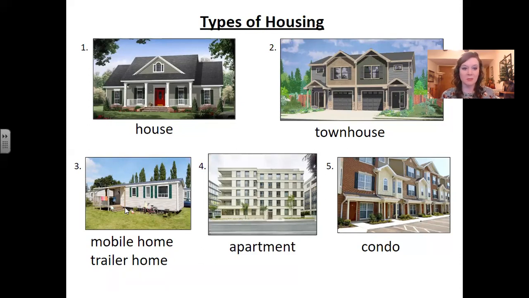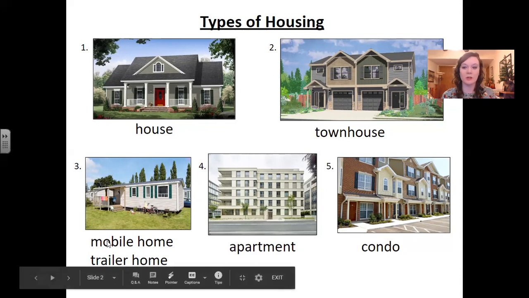It's a little bit smaller than a normal house, and it's all on one level, just one floor. And it's a house that could be moved. So you could move this house to a different place, a different location. Mobile means you can move it.